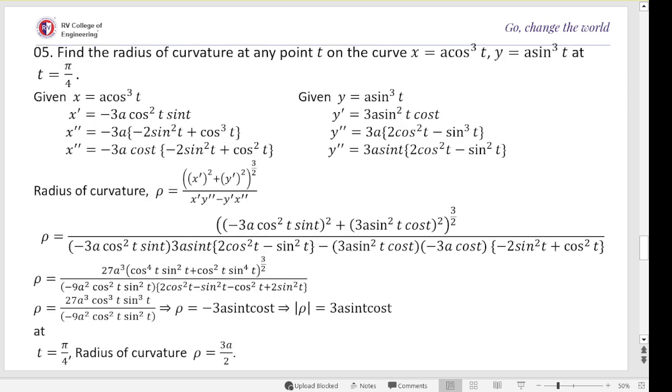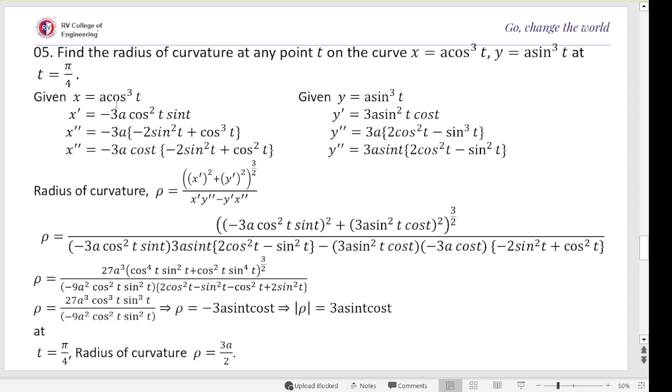The next problem is: find the radius of curvature at any point t on the curve x = a cos³ t, y = a sin³ t, at t = π/4. Again it is a curve in parametric form, and you have to find the radius of curvature at a particular value of the parameter t.